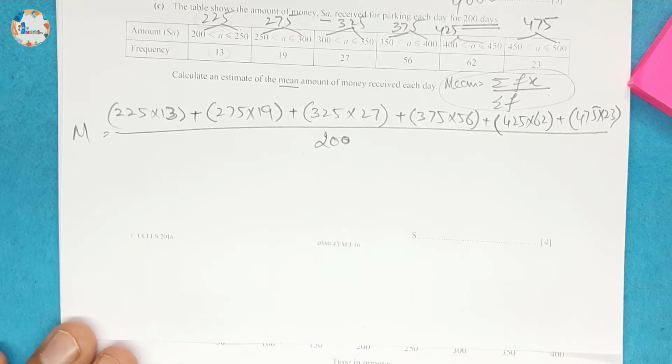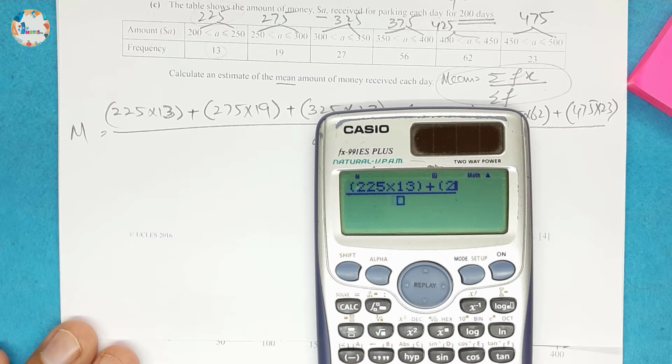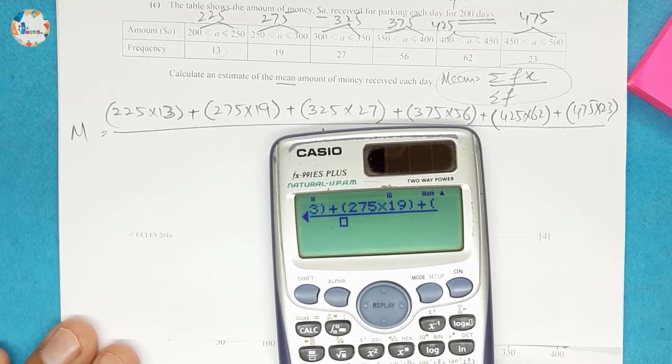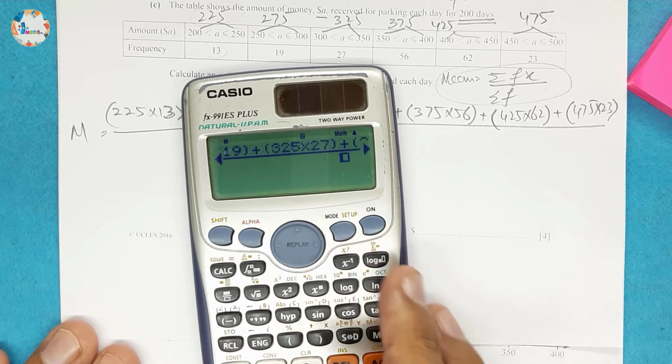Now we can solve this lengthy calculation, so we have to be careful. 225 times 13, plus 275 times 19, plus the next value 325 times 27, plus 375 times 56, plus 425 times 62, plus 475 multiplied by 23, and divided by 200.